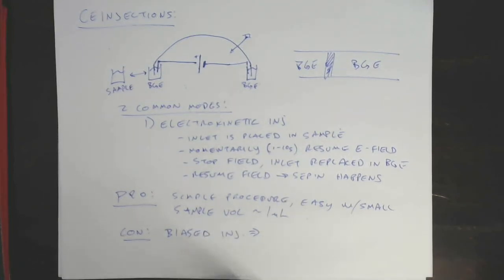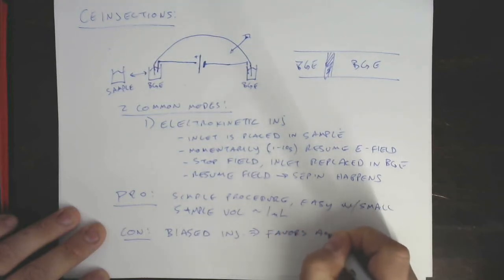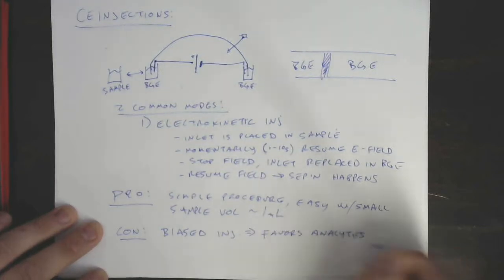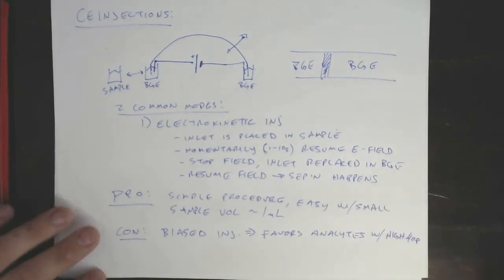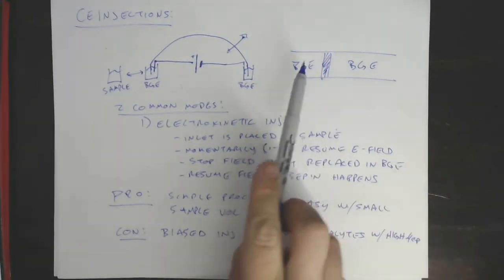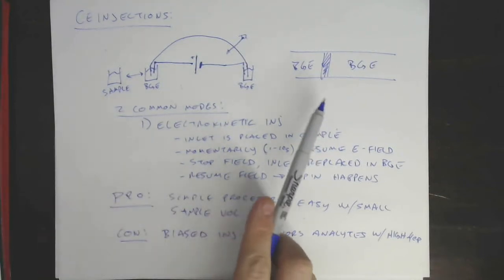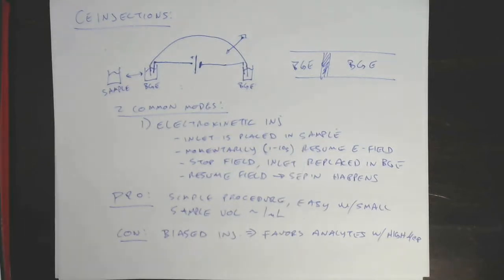So this biased injection favors analytes with high mu EPs. We're going to see representative peaks that don't represent what stuff looks like in the sample mixture, because the things that move faster will be overrepresented and the things that move slower will be underrepresented.